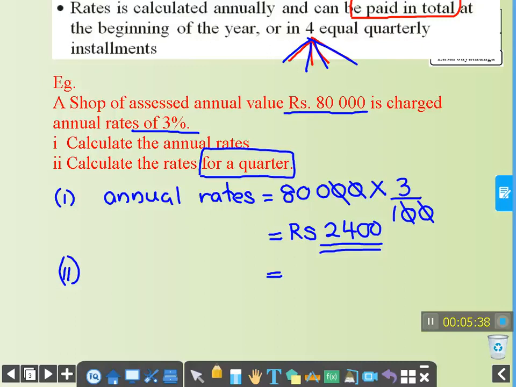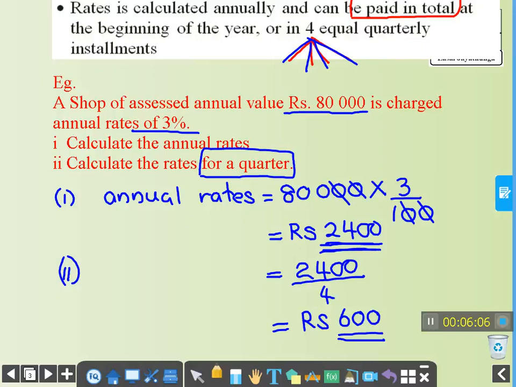Totally you have to pay 2,400. So when you pay that in 4 quarters, for a quarter, how much do you have to pay? How to find that? Total tax amount 2,400 divided by 4. So quarterly you have to pay 2,400 divided by 4, which is 600 rupees.